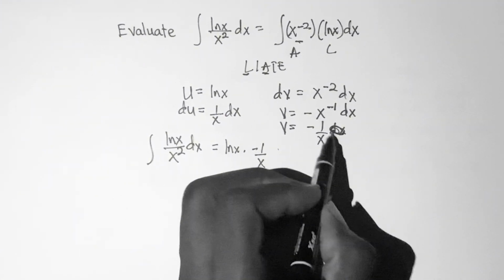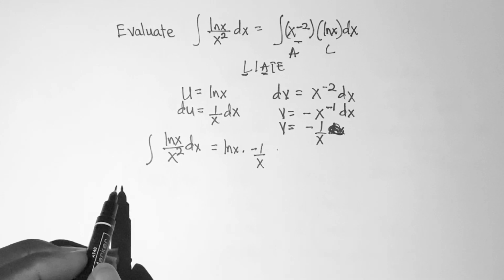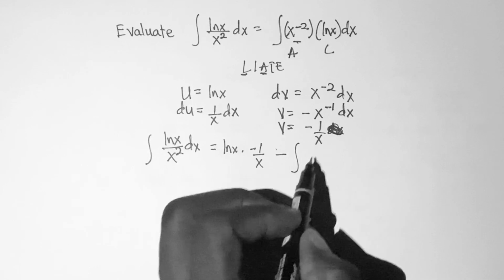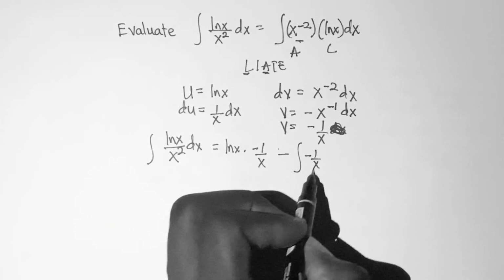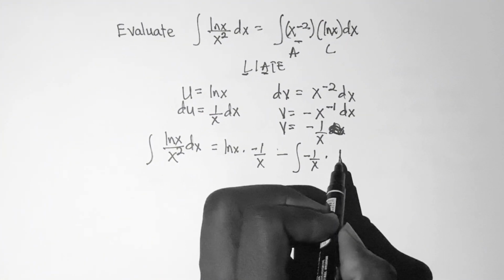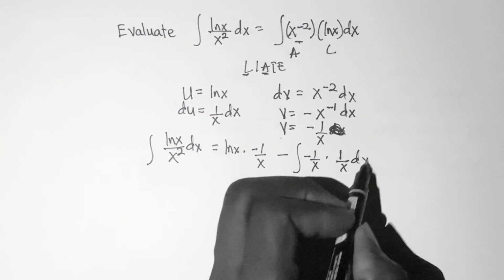Sorry, I made a mistake here. I added the x, which was not supposed to be there. Then minus the integral of v du. v is minus 1 over x, then du is times 1 over x dx.